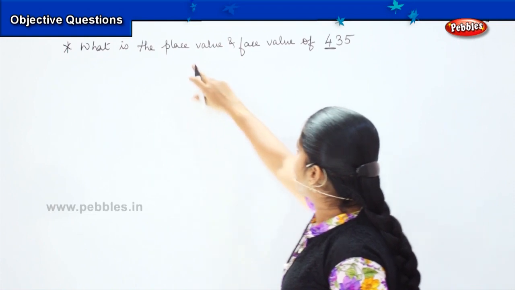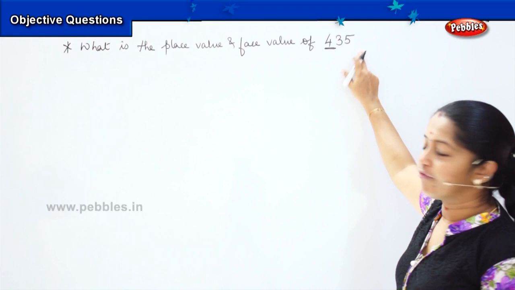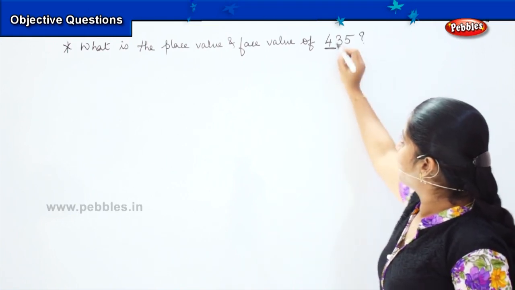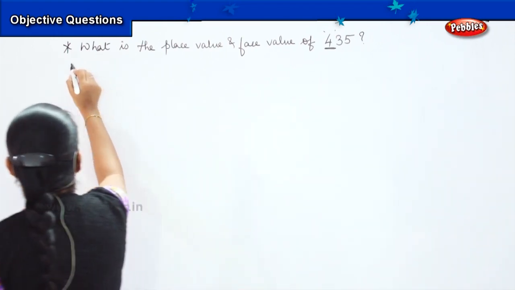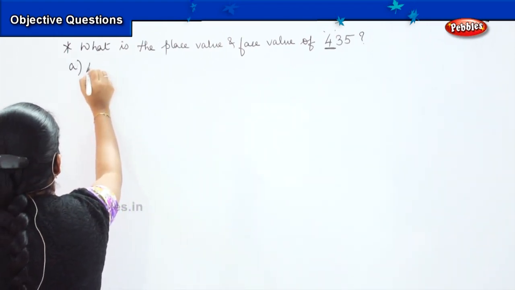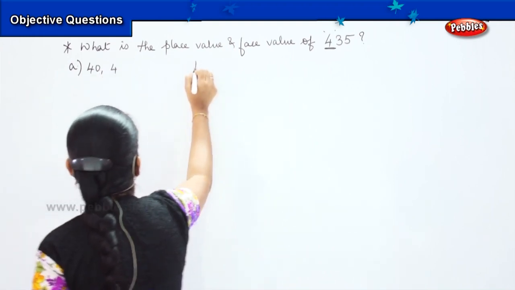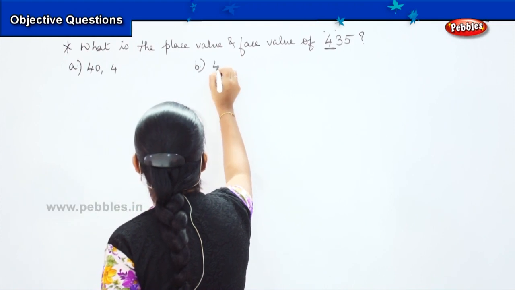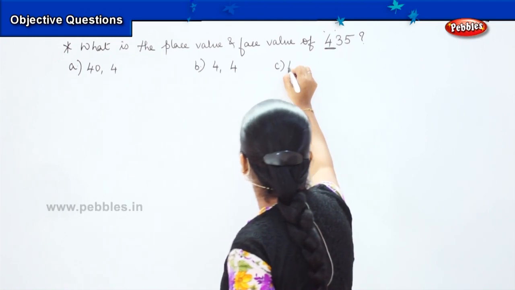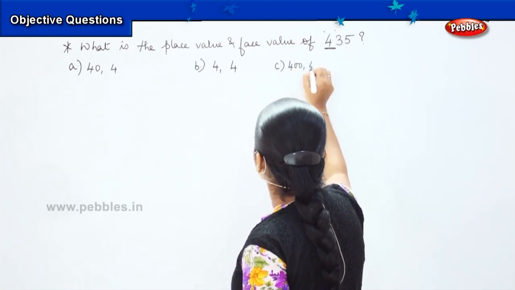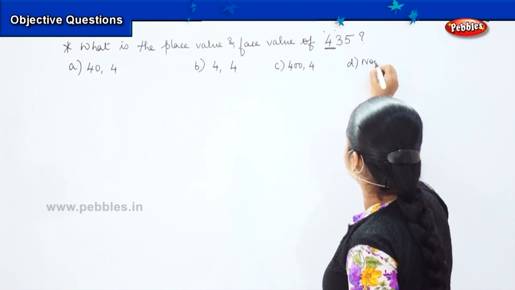You have to tell me the place value of 4 in the number 435. My options are: option A, it will be 40 and 4. Option B, it will be 4 and 4. Option C, it will be 400 and 4. And option D, it will be none of these.